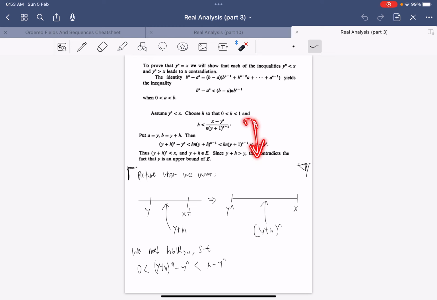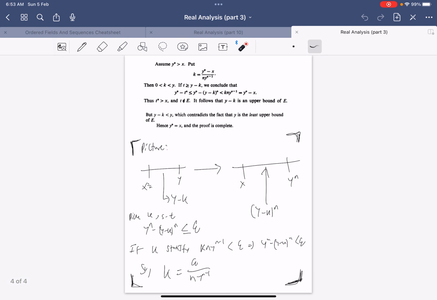And next, we'll now show why y to the power n cannot be greater than x as well, which is the same argument, but it's actually easier. We now choose h to be (y to the power n minus x) over n times y to the power n minus 1.